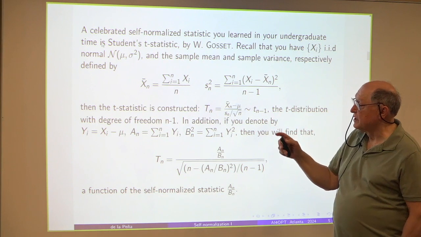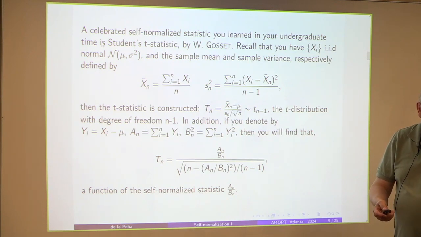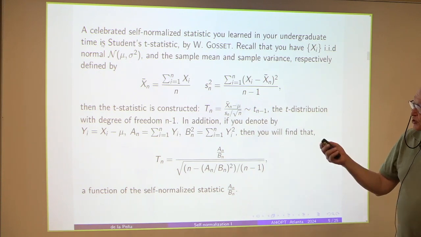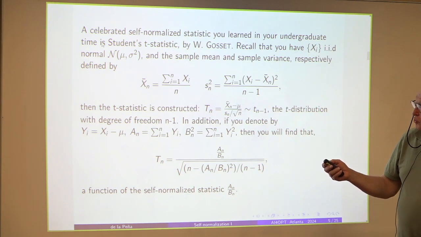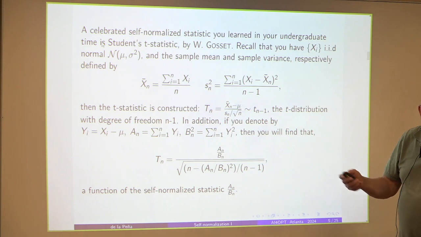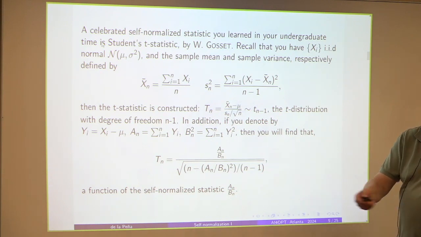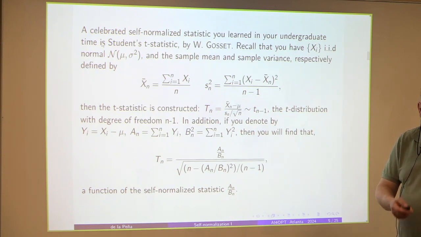However, the way science evolved, you needed to know what the variance of your variables was to do your statistics. However, if the sample size was small, even though the variables were IID, you could not estimate properly the population variance because the law of large numbers doesn't kick in that fast. Like if you have 10 or 20 observations, the sample variance is not necessarily too close to the population variance.